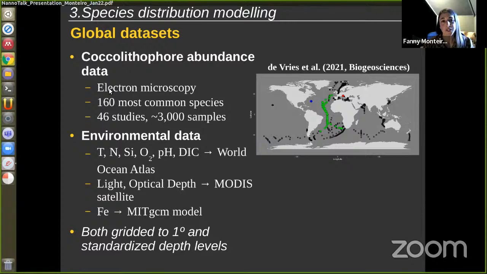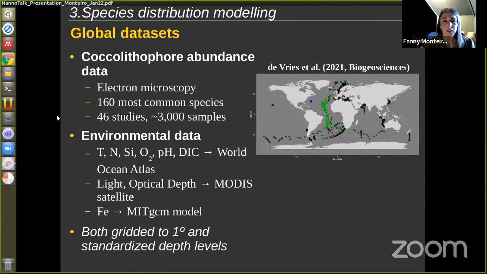The data we use first is a compilation that Joost did in his 2021 paper that came out last year, compiling electron microscopy abundance data. The idea is we want high resolution microscopy to be able to distinguish all of the species.